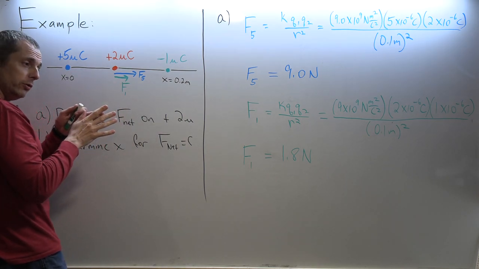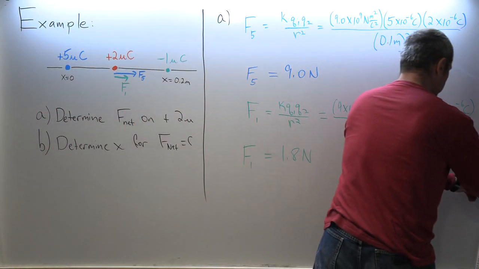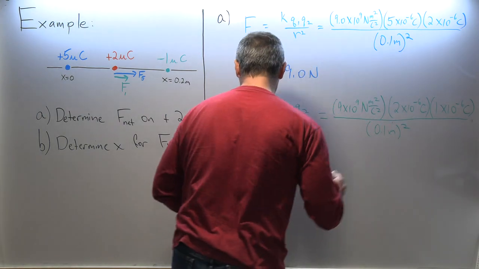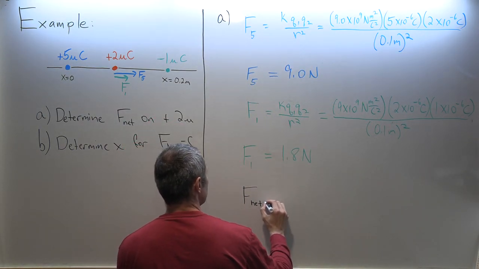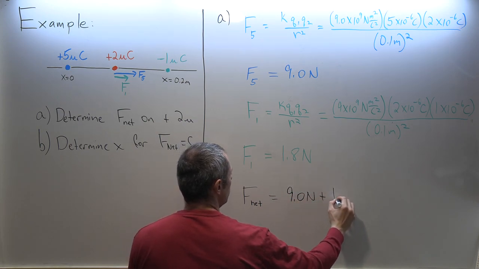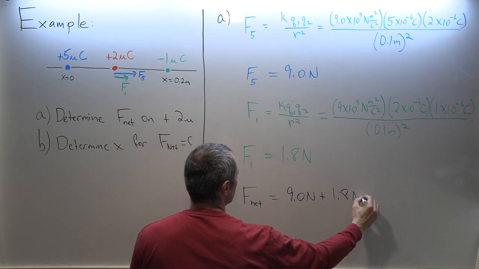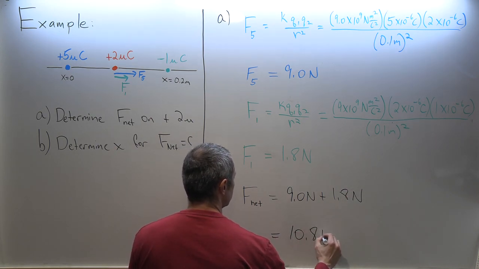Because they're both to the right, I'm going to add those to get the net force. So F net will equal 9.0 newtons plus 1.8 newtons, or 10.8 newtons.